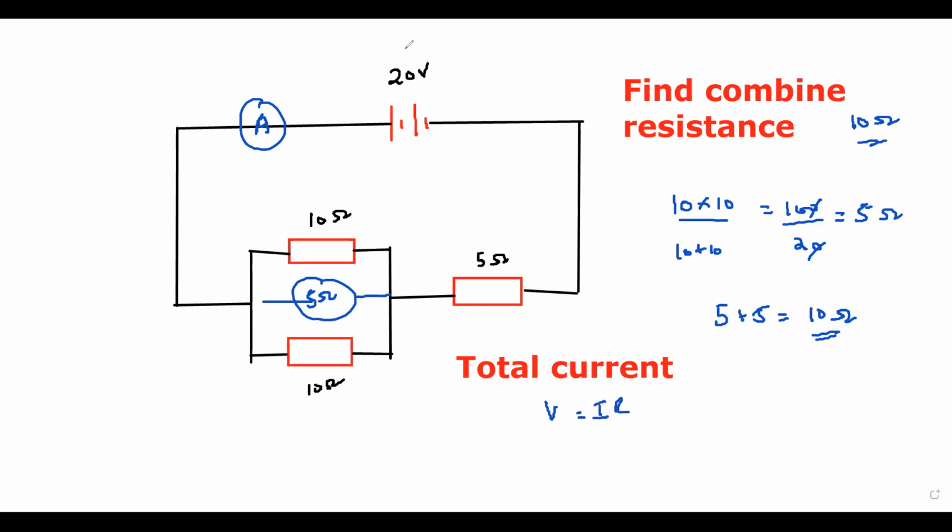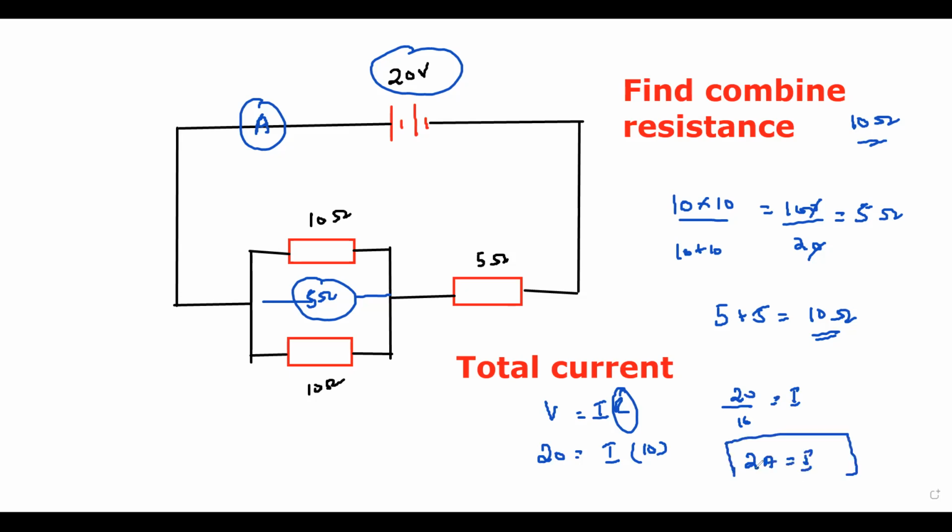The total voltage, that's the total 20, is the total voltage. I is the current we don't know and R is the total circuit resistance, and how much is this? The total resistance of the circuit as we calculated is 10. So 10 is multiplied, on the other side it will be divided. So it will be 20 divided by 10, and 20 divided by 10 is equal to 2 ampere. So the total current which enters the circuit is 2 ampere.